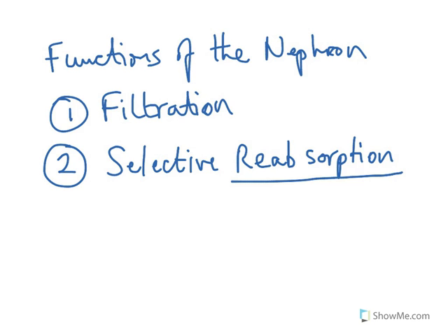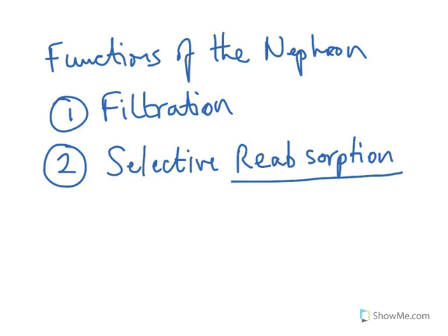And the reason it's reabsorption is because a lot of the materials that are being taken back into the blood after being filtered have been absorbed once before in the body, and that's at the small intestine. So a lot of the stuff that's reabsorbed back into the blood after being filtered in the first place by the nephron is food molecules that have been absorbed once before from the wall of the small intestine.